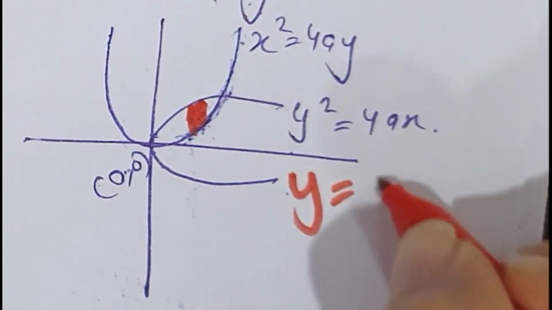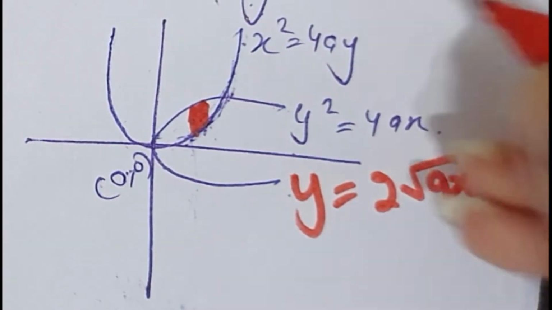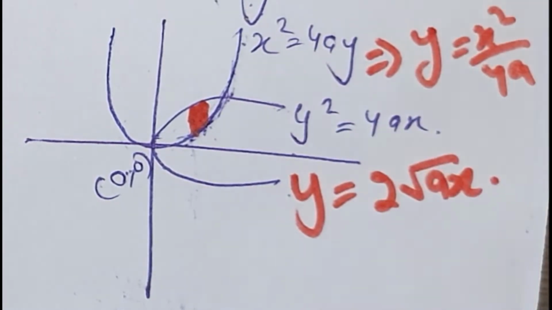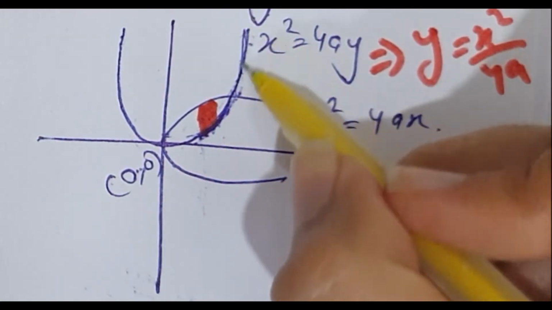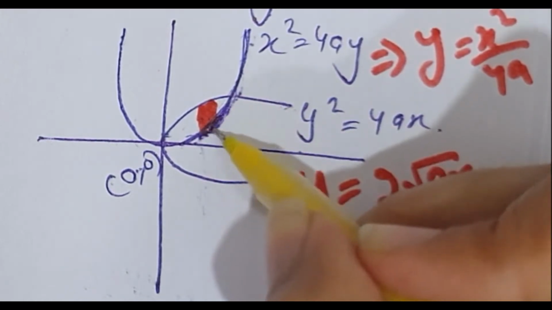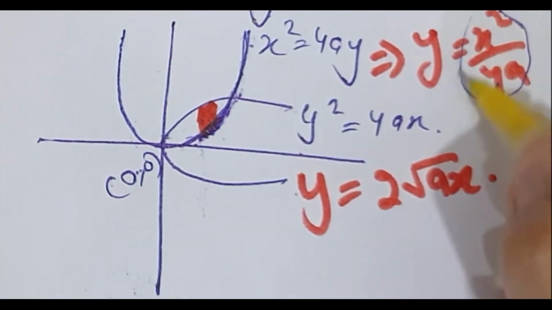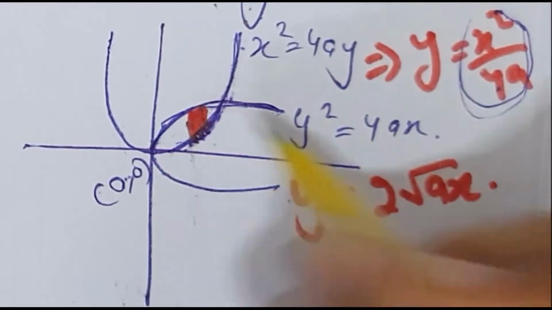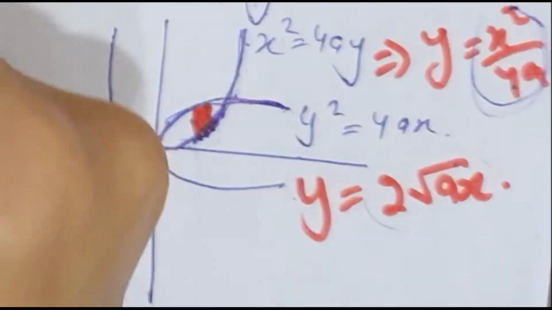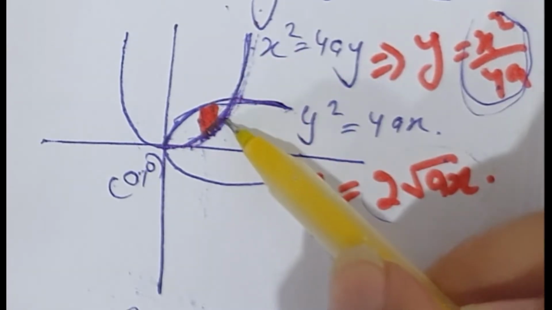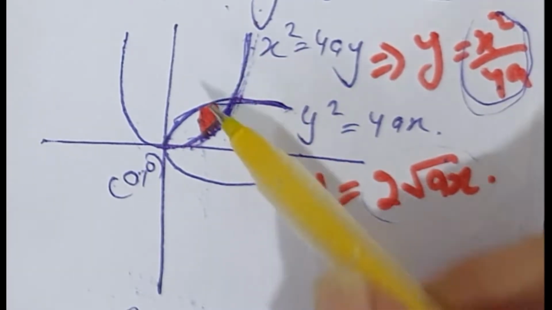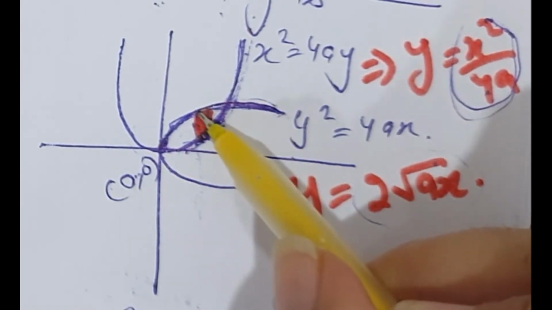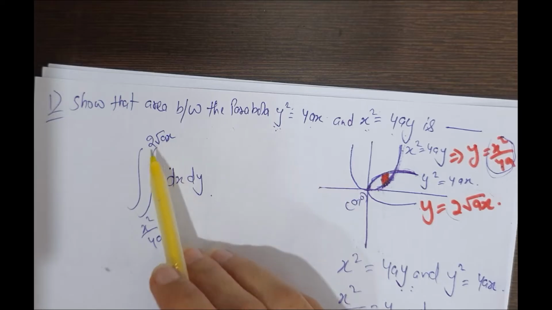The curve on the lower part is this, so this will be the lower limit of y. The upper curve is this, so on this vertical strip, this will be the upper limit of y, as we have written.